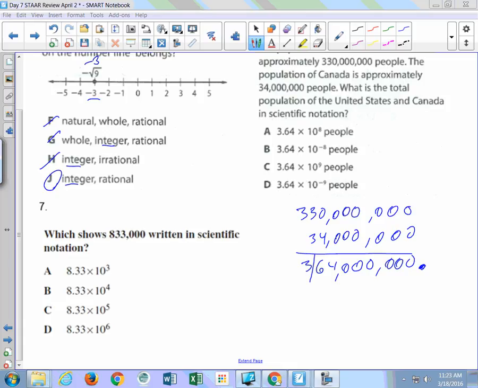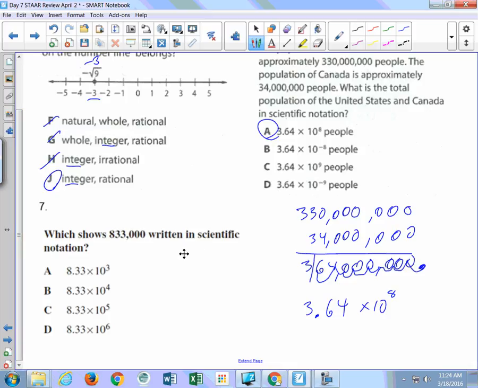All right, so from this decimal place, we are going to move our decimal to this point and count as we go. 1, 2, 3, 4, 5, 6, 7, 8. So we're going to put 3.64 times 10 to the 8th power. So go up here and look, 3.64 times 10 to the 8th, right there. There's our answer.